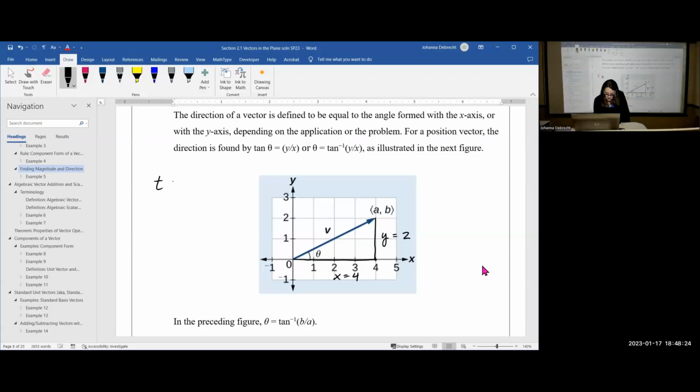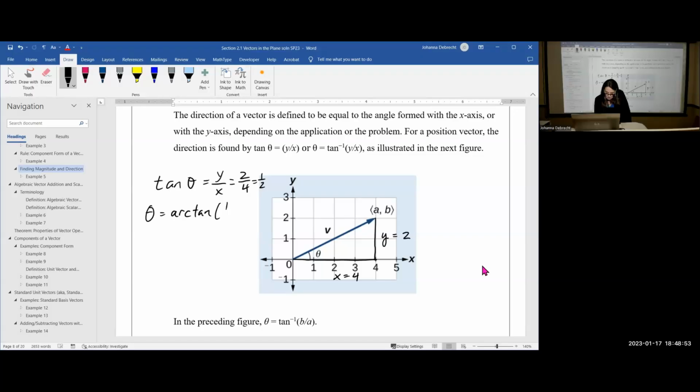And so we know that the tangent of theta is going to equal y over x, opposite over adjacent. And this is going to give us 2 over 4, or 1/2. And then in order to find theta, we take the arc tangent or inverse tangent function, all right? So we look for the arc tangent of 1/2.